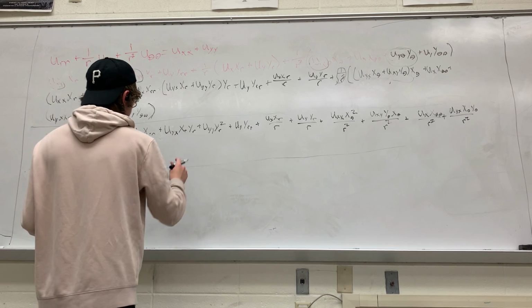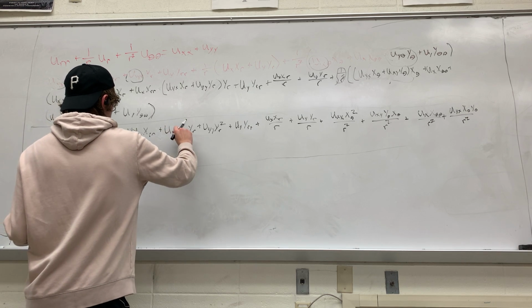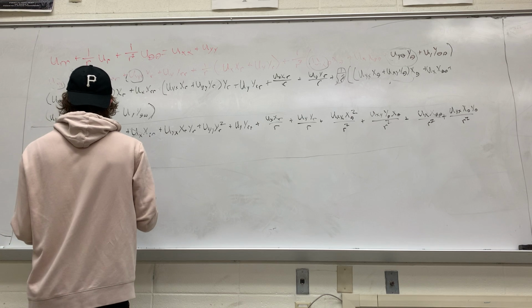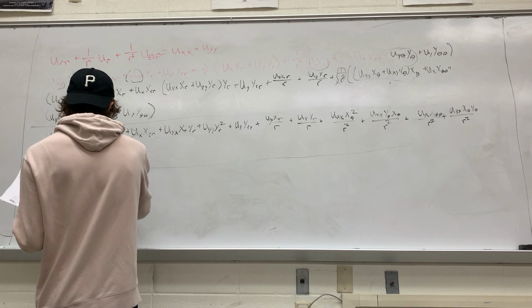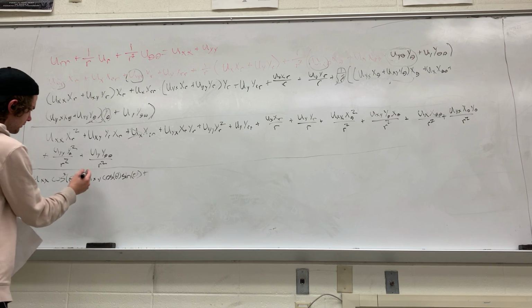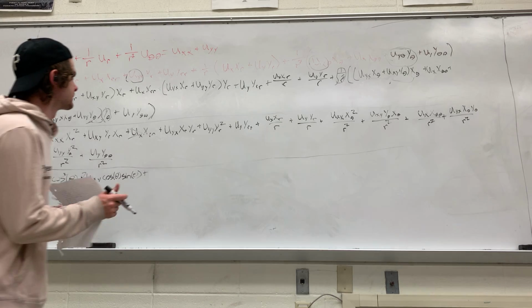Then right here we have u yx times x r y r, so that will be the same thing as this right here. So it'll be equivalent to this, so we can just put 2 in front of there.